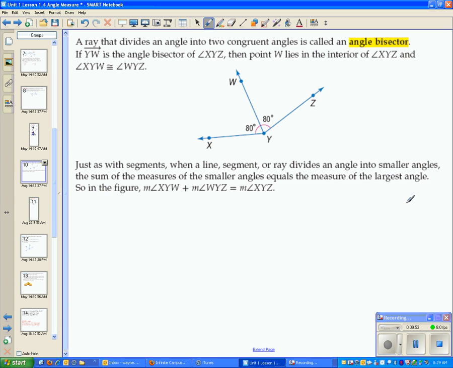And I don't remember if I mentioned this the other day, but when you put a little M in front of your angle symbol, that means measure of. So this means the actual, physical angle XYW. You put an M in front of it, and that means the measure of angle XYW, which will be a number. Okay?